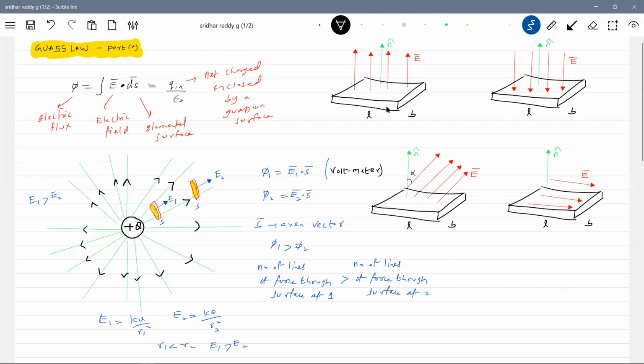So I'll call it alpha. What is the flux in the first case?